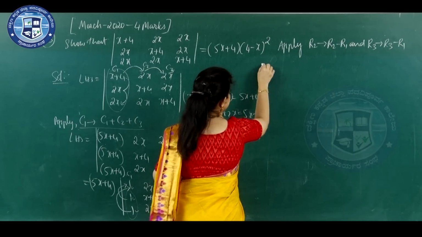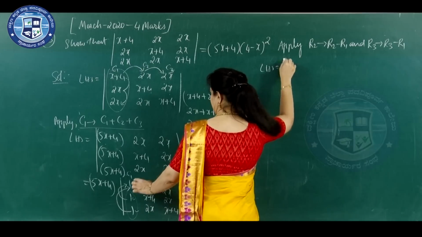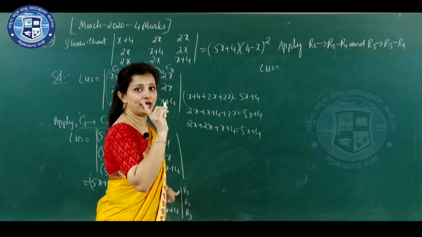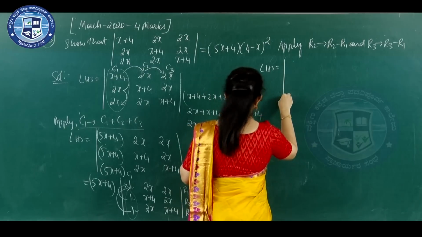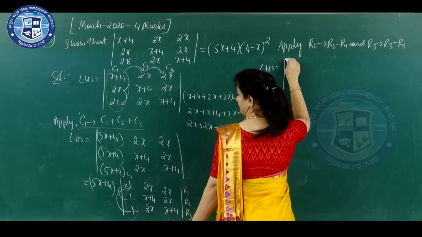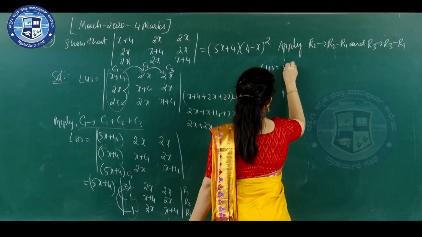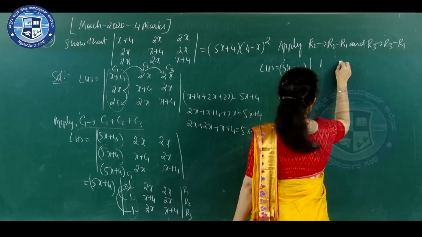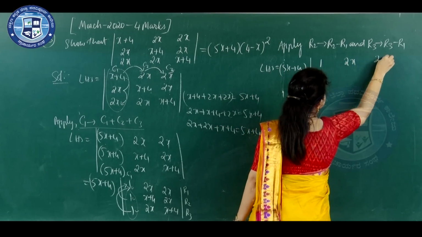R2 changes to R2 minus R1 and R3 implies R3 minus R1. So, what do we get? Here we are altering only the second row and third row. So, first row elements are same, here the factor is 5x plus 4, 1, 2x, 2x, it remains the same.